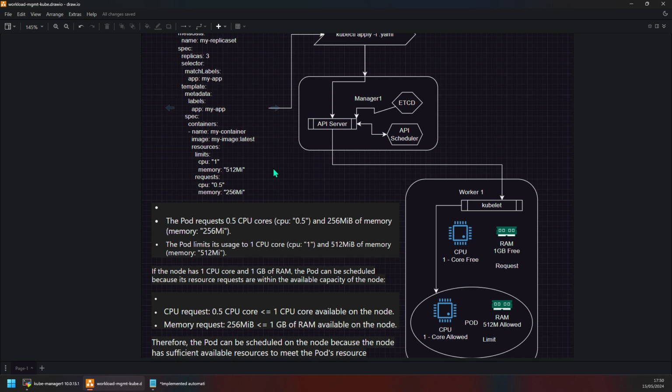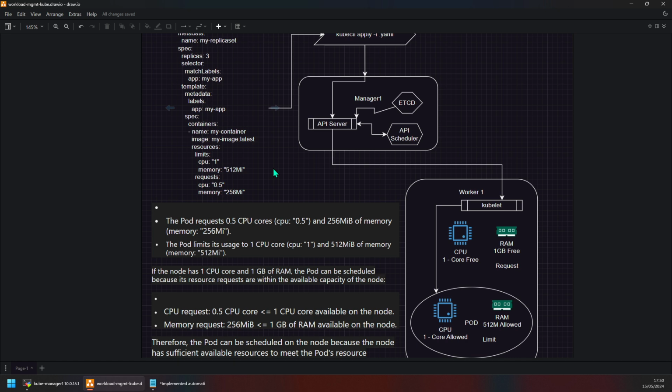What happens if it exceeds? It will either throttle, which we will see later, or it will terminate the instance and create a new pod. That's the expected outcome of this particular activity.